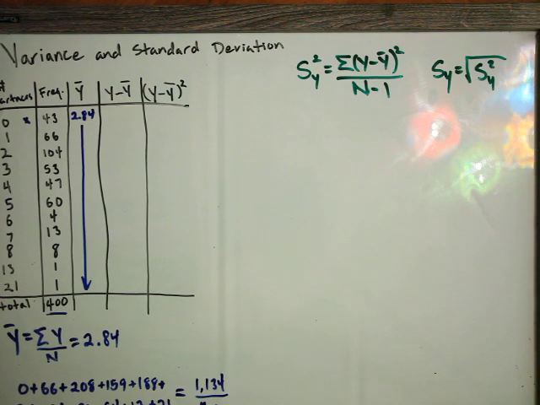Now, to find y minus y bar, we take the value for number of partners and subtract y bar, the mean.